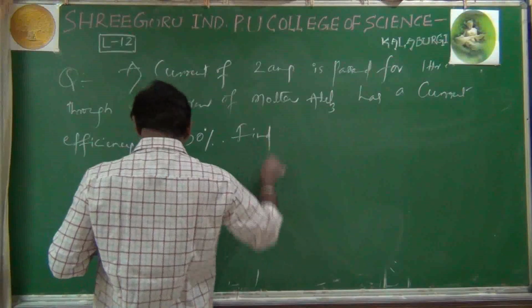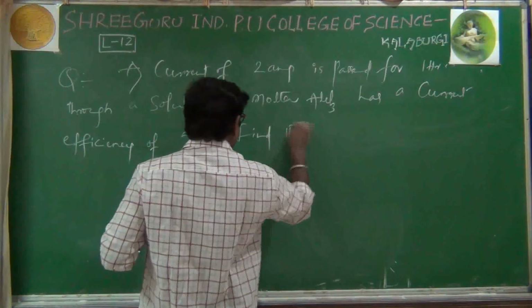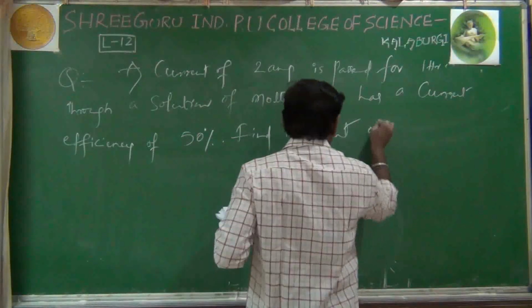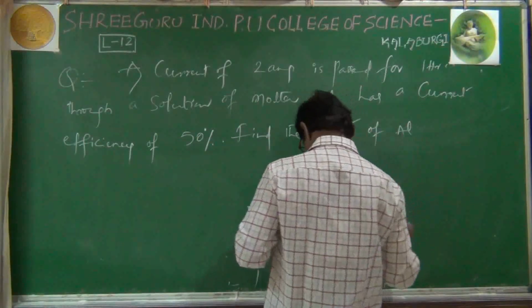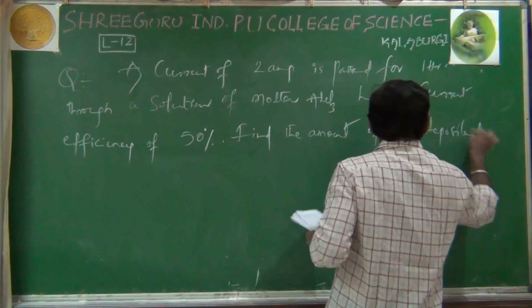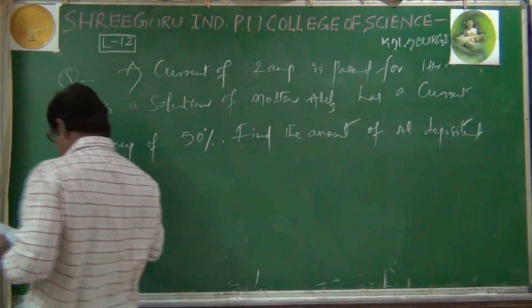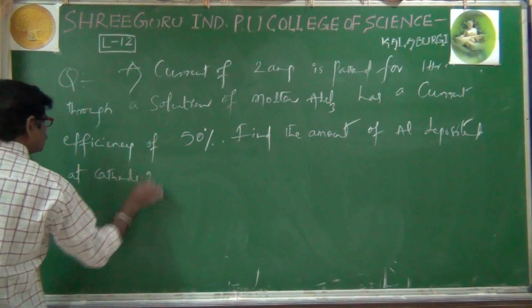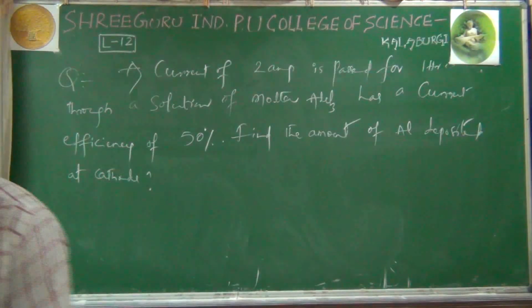Find the amount of aluminum deposited at cathode. That's all. This is the question.